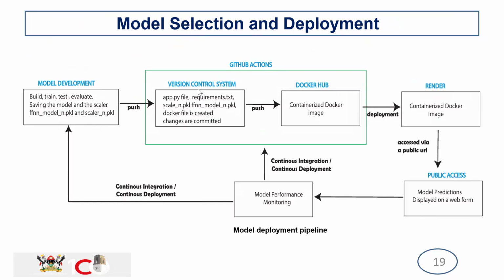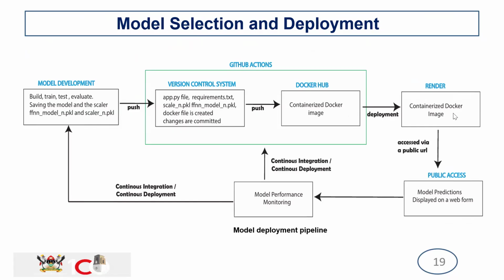Model selection and deployment. So I saved the model plus its scaler, pushed them to the version control system plus other dependencies, then generated a Docker image on Docker Hub, a standard platform for storing Dockerized or containerized images.